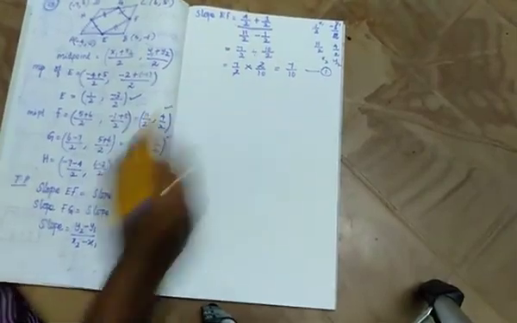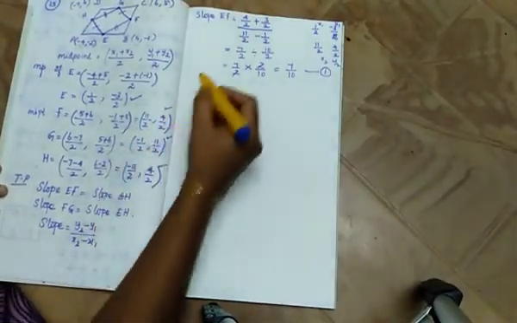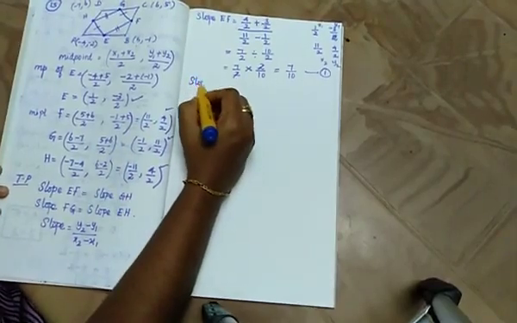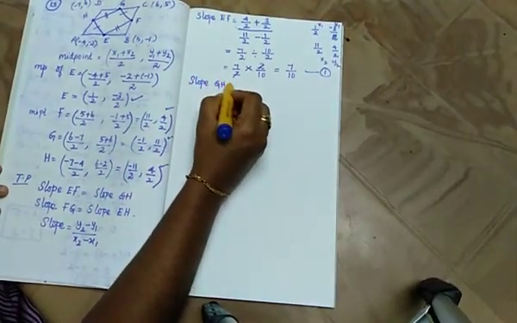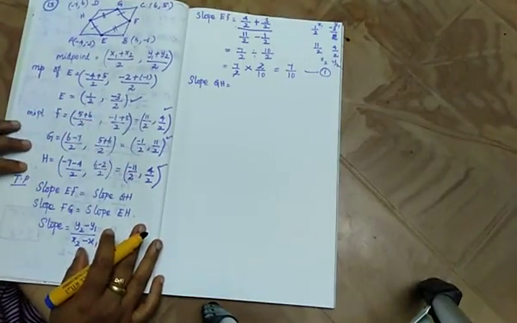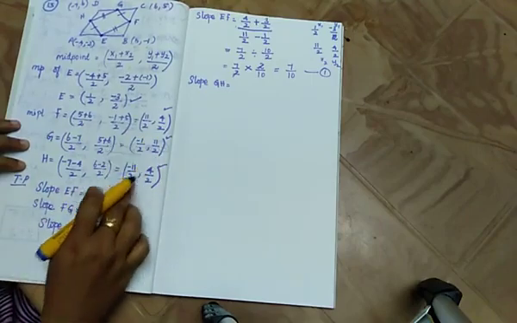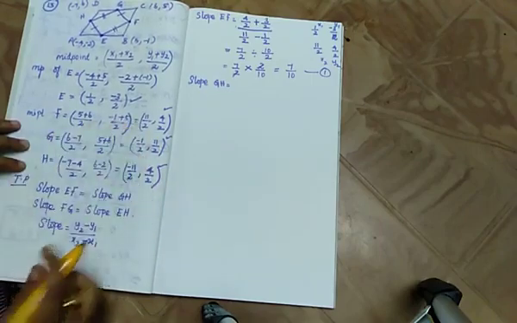Now let's see if we are getting the same value for the slope of GH. So slope GH is equal to, G and H, isn't that my x1, y1, x2, y2. So y2 minus y1 and x2 minus x1, isn't that?